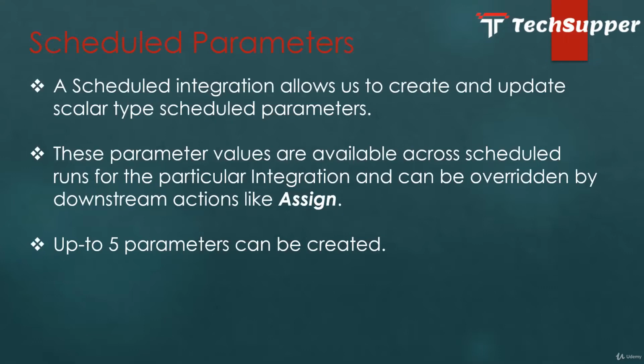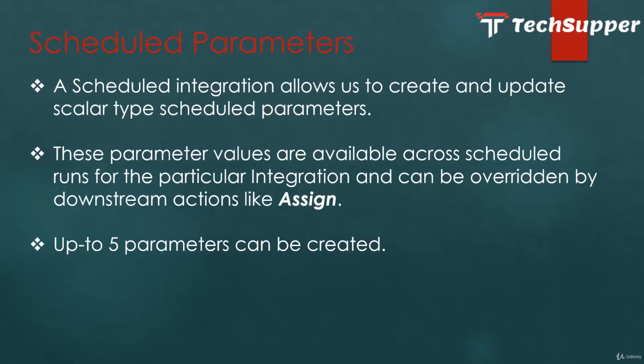A scheduled integration allows us to create and update scalar type scheduled parameters. Whenever you create a scheduled integration, you have an option to create the parameter at the scheduled level, and the parameters which you create at the scheduled level are available across scheduled runs for the particular integration, and they can be overridden by the downstream actions like assign.